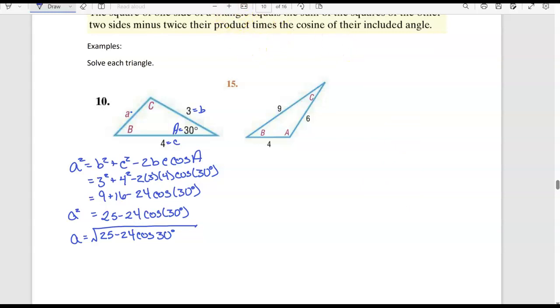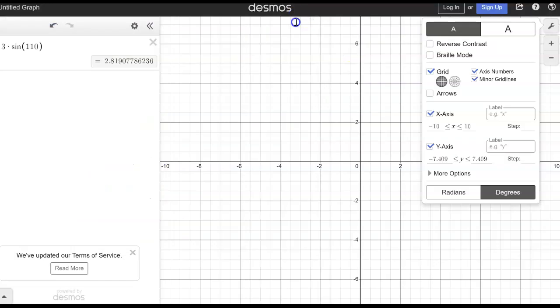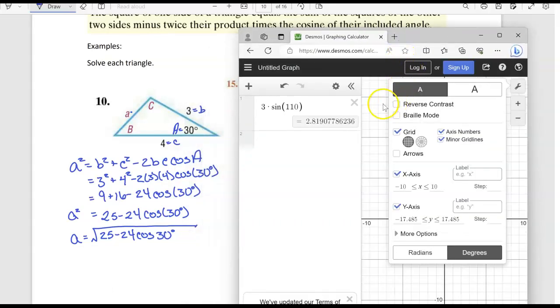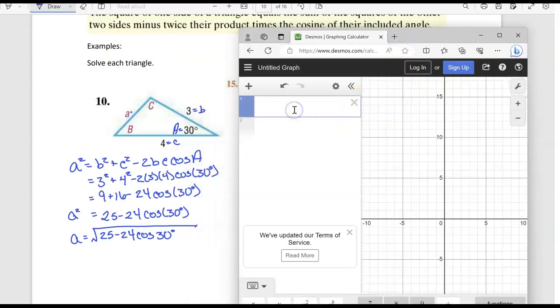Then I'm going to go over to Desmos, and I'm going to type that in.